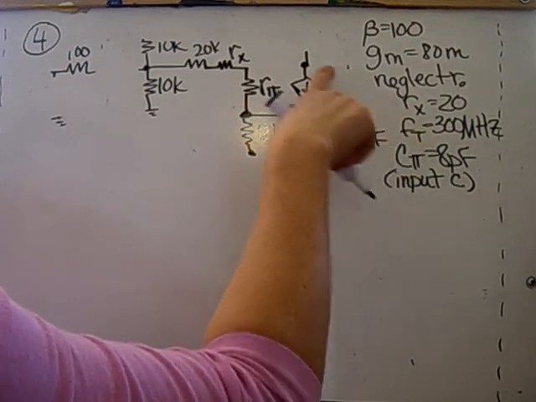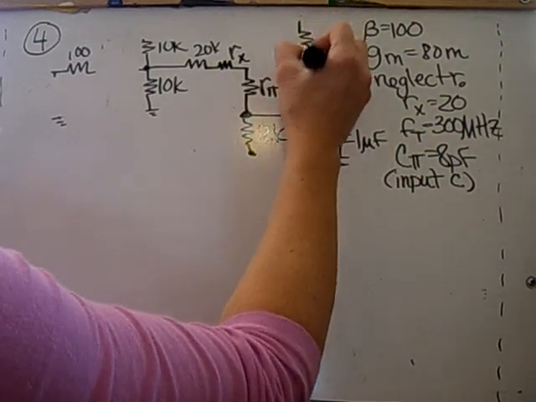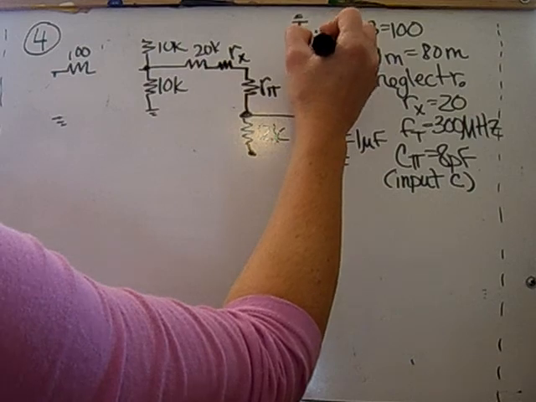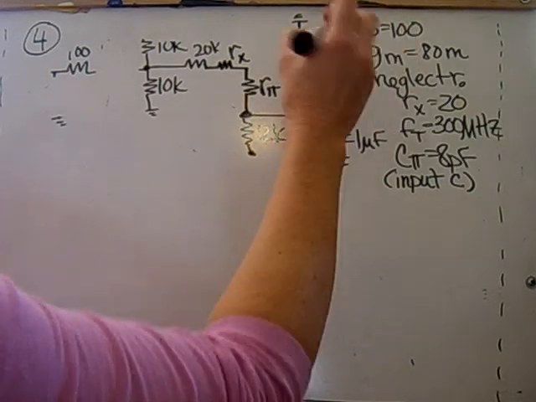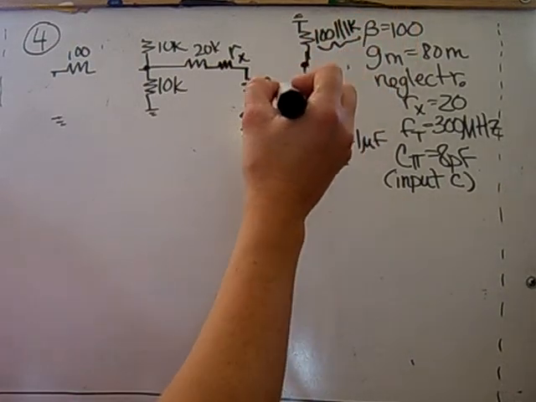And it says to neglect RO, so I'm not going to draw RO. And I'm going to lump both of those resistors into one: 100 in parallel with 1K, which was 98 ohms.